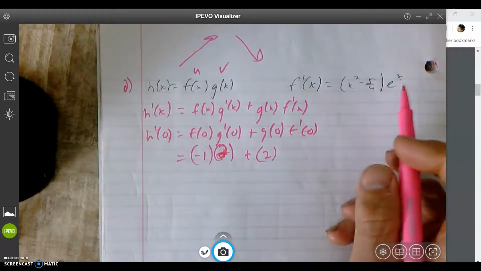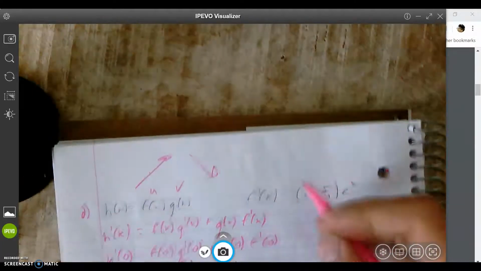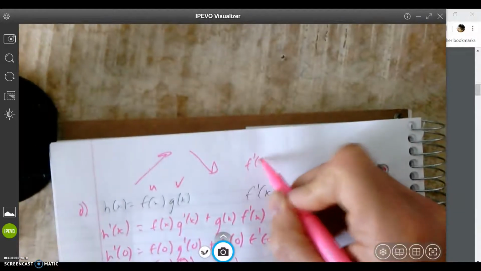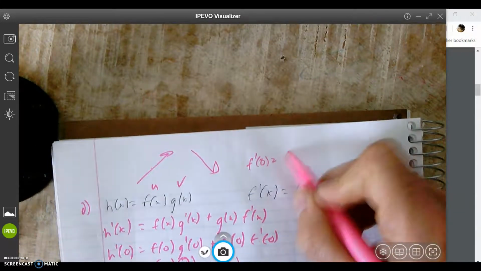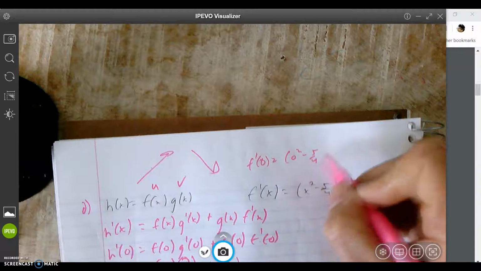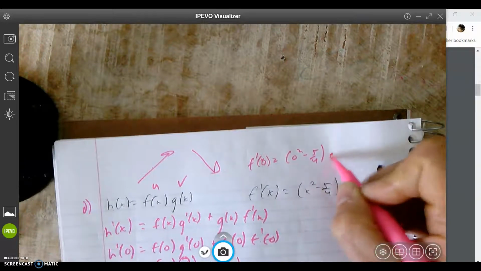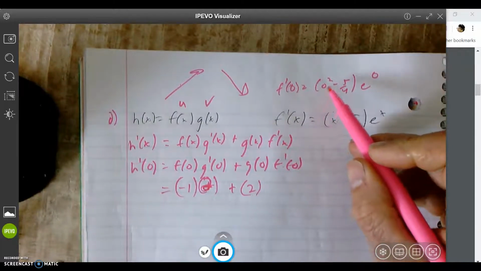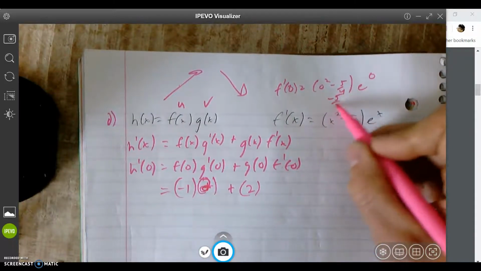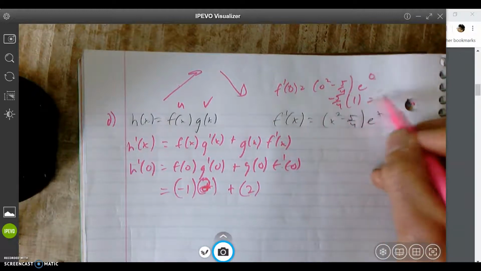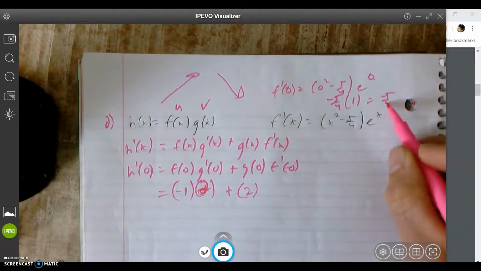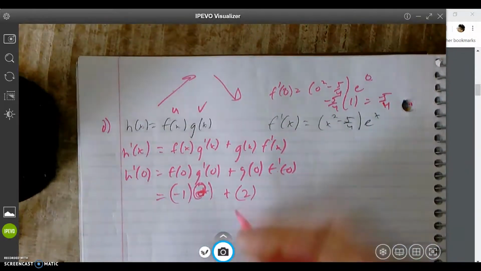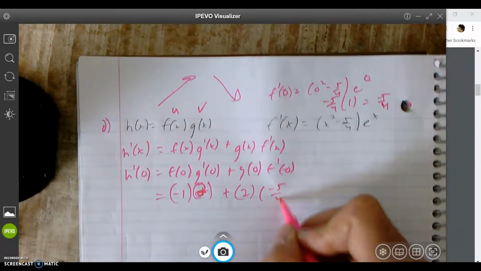What happens when you plug in 0 here? f prime of 0 is 0 squared minus 5 over 4 times e to the 0. Anything to the 0 power is 1, so that's -5 over 4.